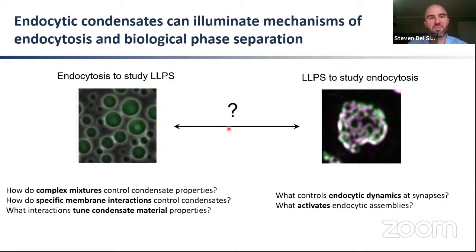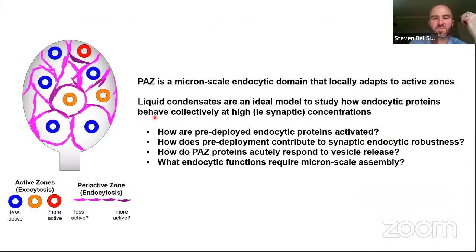And then ultimately, I think by going back and forth between the in vivo and in vitro systems, we can get some insight into to what extent this is an actual mechanism to explain the in vivo behavior of these molecules.